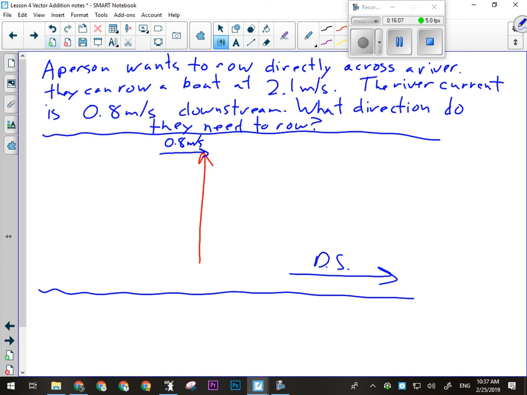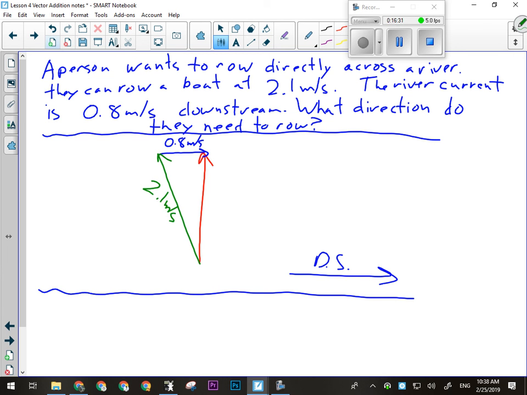I want it and my rowing speed to connect the two ends of my resultant. I know my resultant has to point into the current, so I knew the current had to go on top. So my rowing speed is now going to go from here to there. And I know how big it is because they told me I can row at 2.1 meters per second.